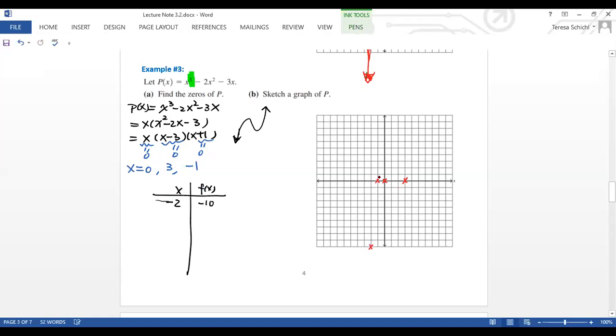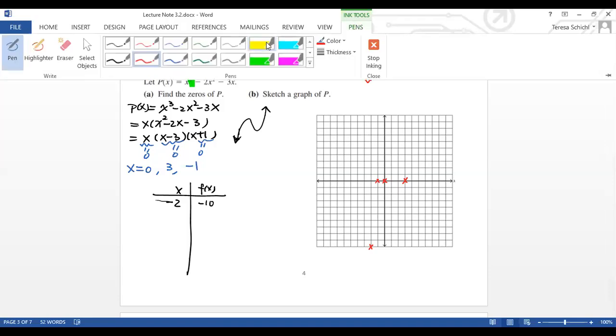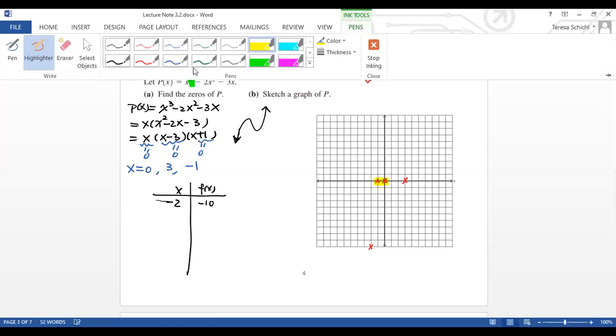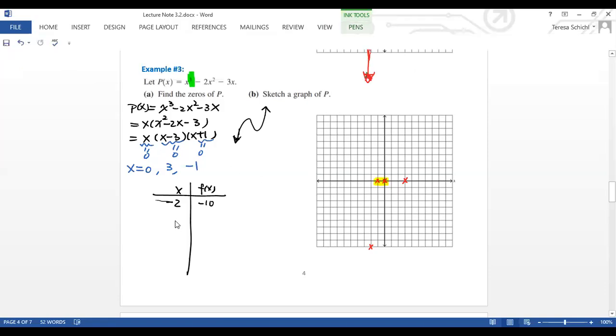Okay, so then we're going to choose here, be careful. We need to choose a point in between these 2 points so we can know the behavior, is it going up or going down, right? Okay, so I choose -0.5. If you choose negative 0.5, you substitute to there, you get a 0.75.